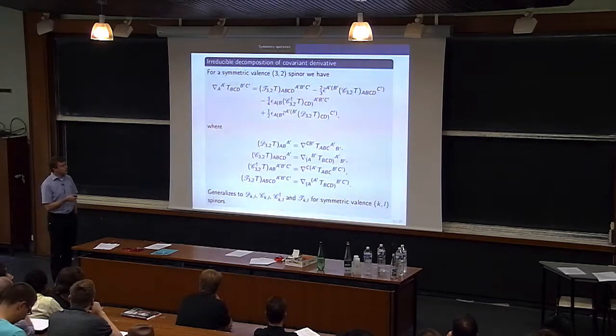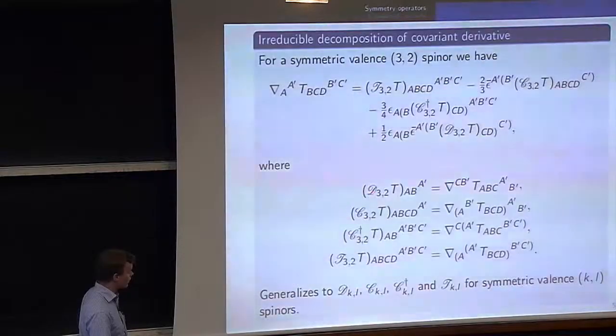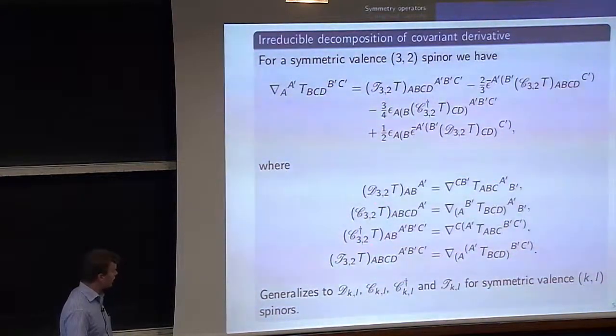We get these 4 different parts. The divergence we can define like this, so we have two index contractions. The curl and the curl dagger have 1 index contraction, and then we symmetrize over the remaining indices.